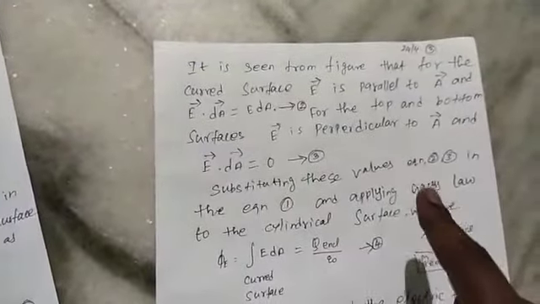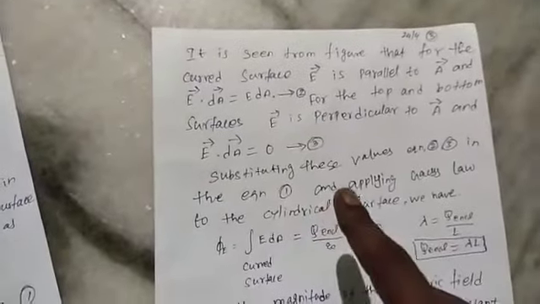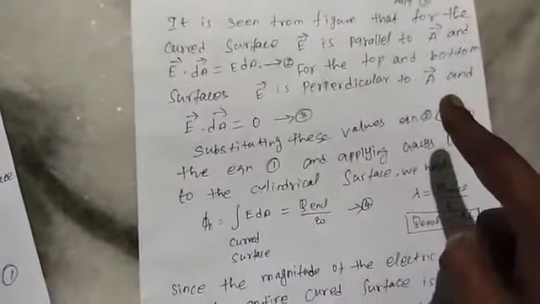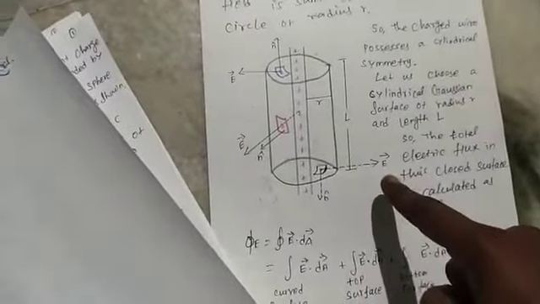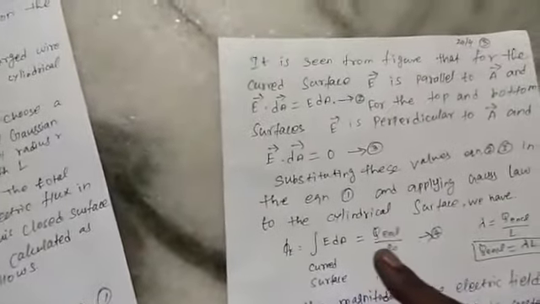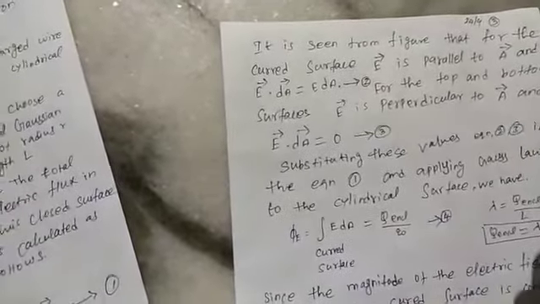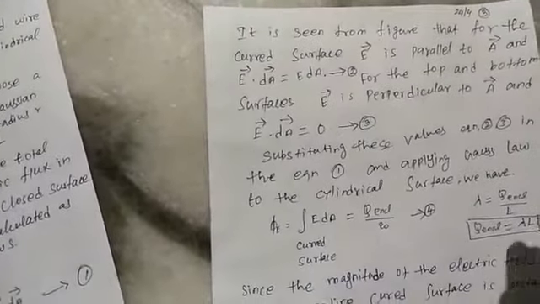For the top and bottom surfaces, the E vector is perpendicular to the A vector, so E vector dot dA vector will be 0. The flux will be 0.